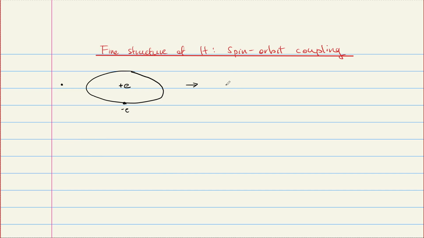We can go to the frame of the electron. So this is the frame of the proton. In the frame of the electron, we have the electron in the middle, and the proton is circling around.